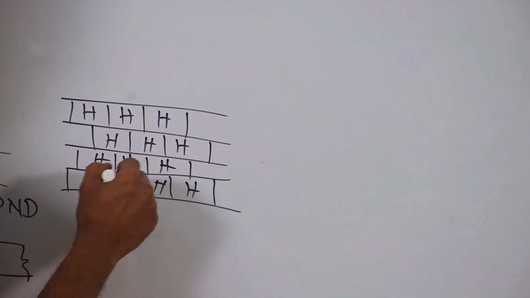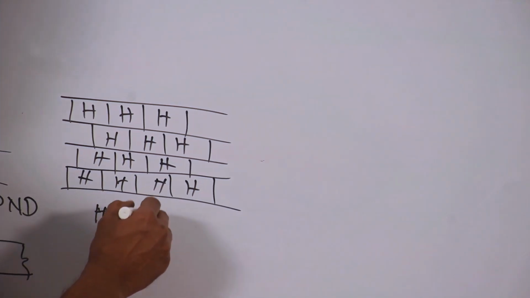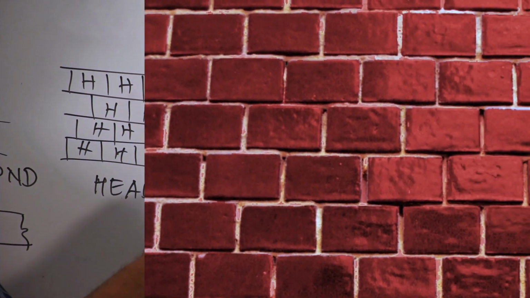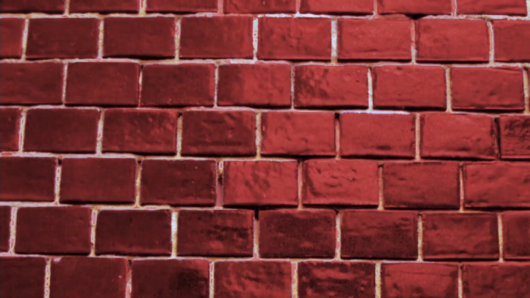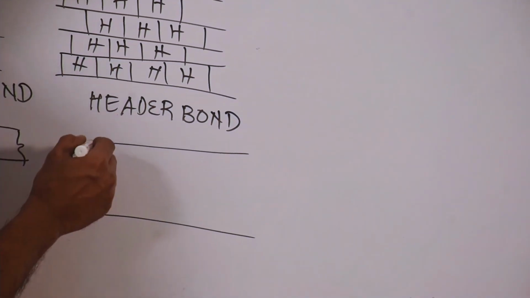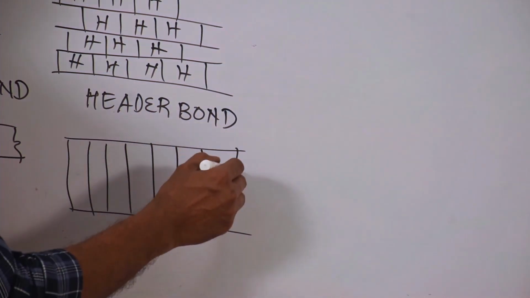Okay. So this style of arrangement or this bond is called header bond. If you draw the top view of the first layer, it looks like this. First layer as well as second layer. So this will be the top view.